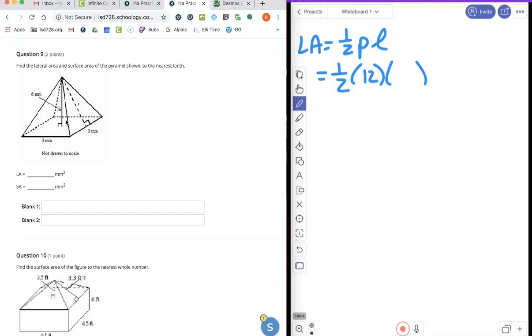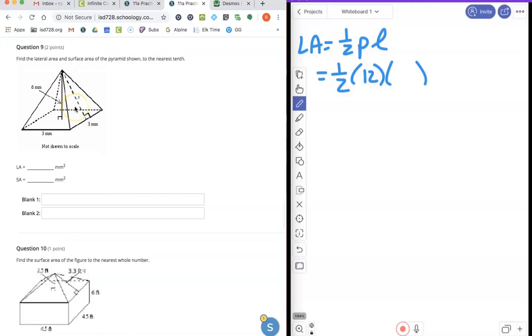So to figure out what L is, I need to think about this triangle here. So that triangle will have a height of 6. And this is going to be right in the middle of the base, so the 3 gets cut in half to be a 1.5. I need to get L with Pythagorean theorem. 1.5 squared plus 6 squared equal to L squared.